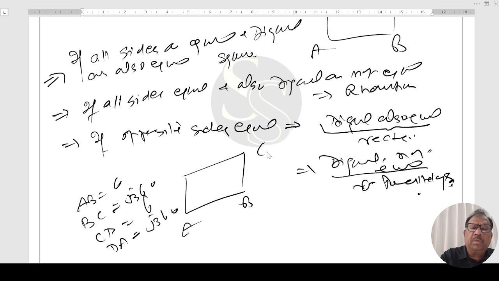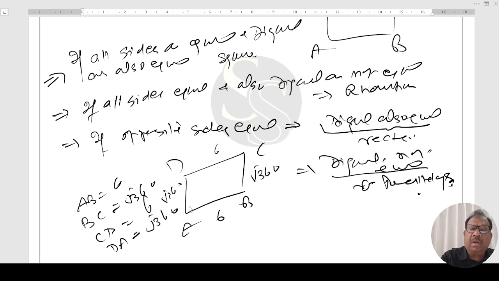Opposite sides are equal. Now it may be a rectangle, it may be a parallelogram.